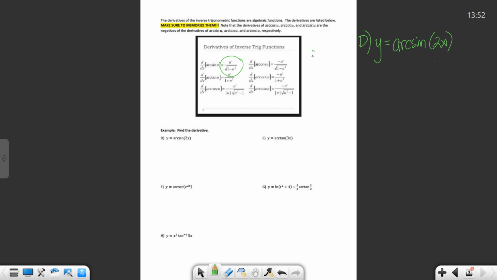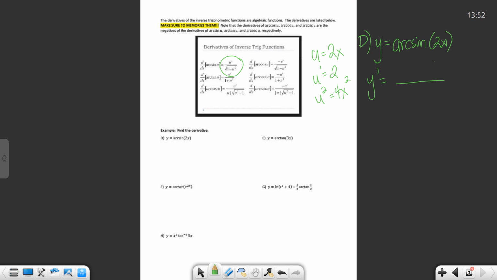So let's think about what these pieces are. Well, u is just 2x, so that makes u prime the derivative of that, which would be 2, and we also need u squared. If you square that 2x, you get 4x squared.